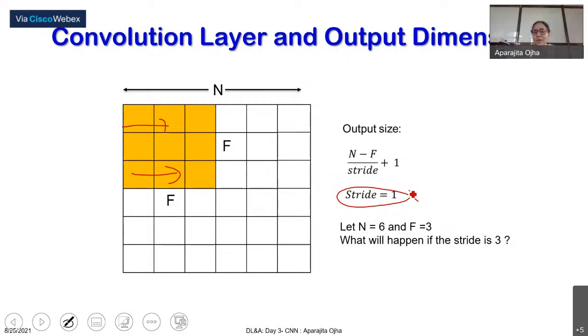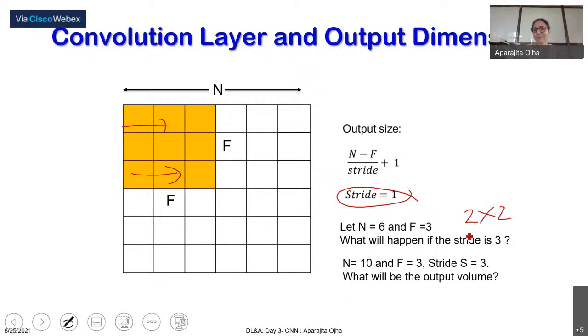So suppose n is equal to 6 and f is equal to 3. What will happen if the stride is 3? What will be the size of the output? If n is 6 and f is 3, and the stride is 3, what will be the size of the output? Somebody is writing 7. No, it's not 7. It's 2 cross 2.